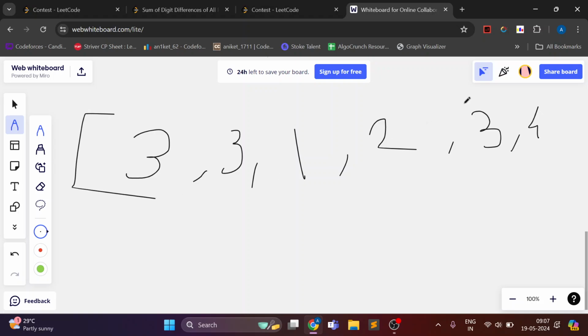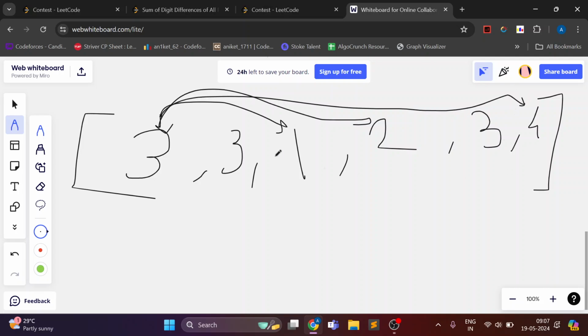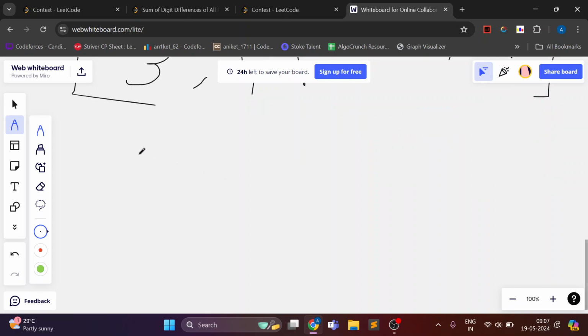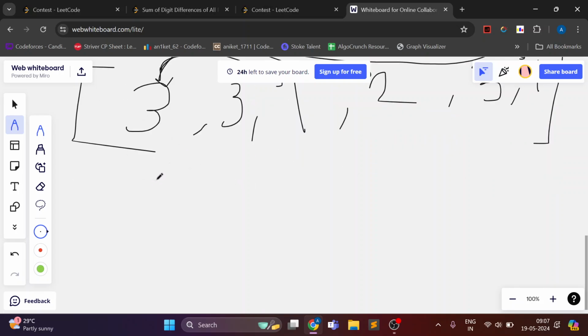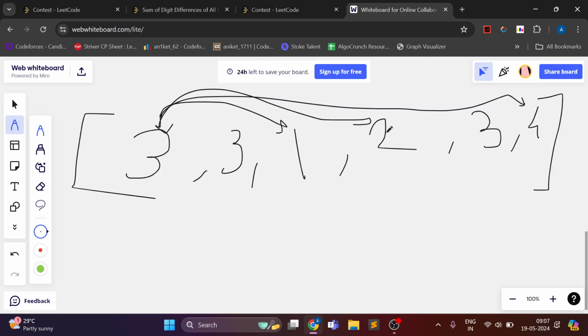So this is my array, single digit numbers are there. Now for this 3, what are my possible combinations? This 1, this 2, this 4. So basically all the integers which are different from 3 itself.